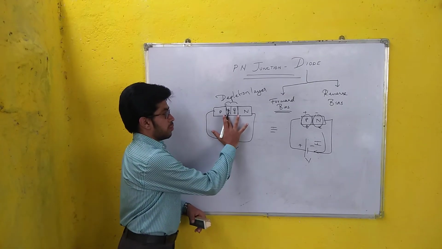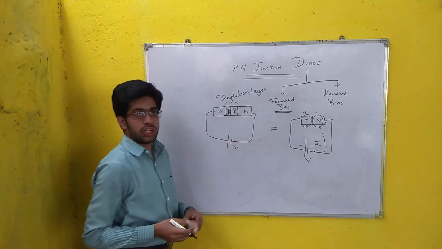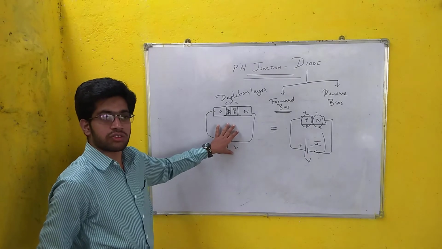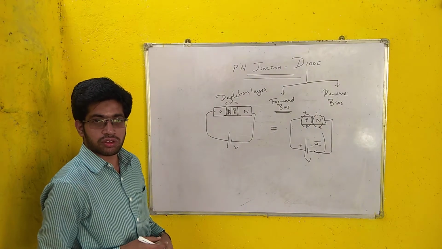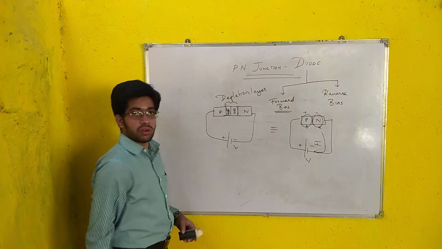Because of this barrier, the electron hole pair combination decreases and the flow of current also gets decreased, and the performance of the diode is a little bit decreased. Since the voltage is continuous, the current is also continuous.